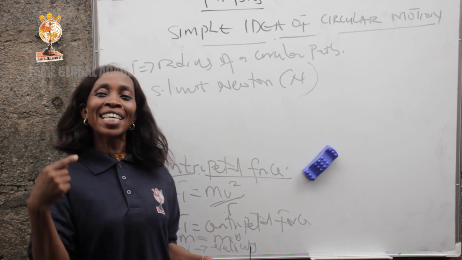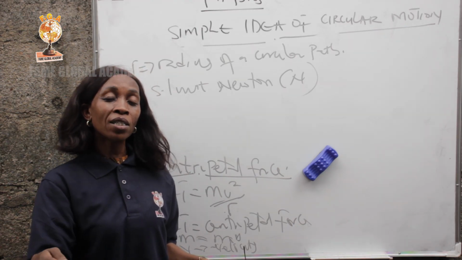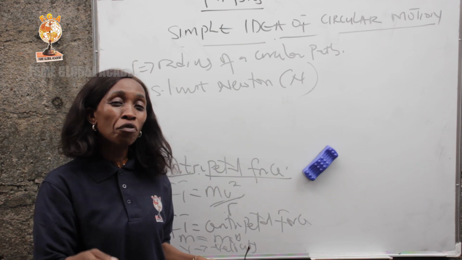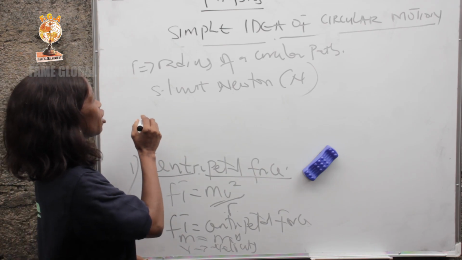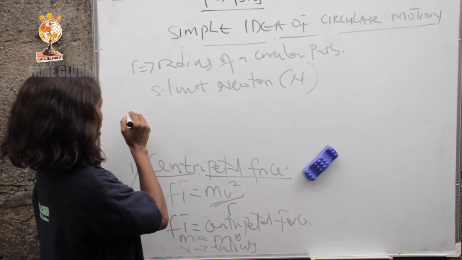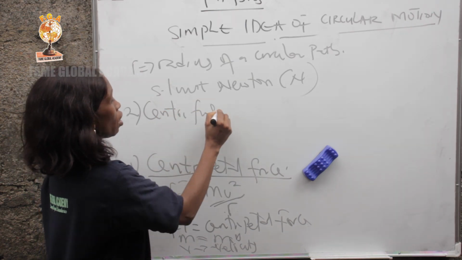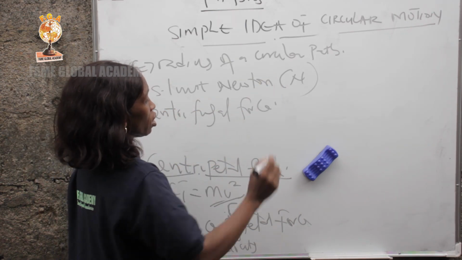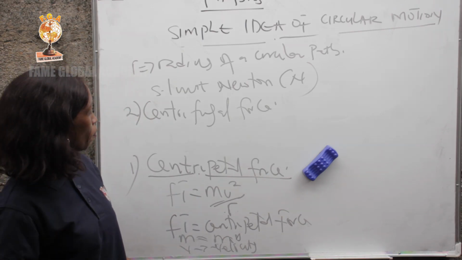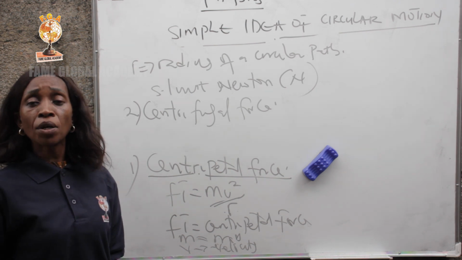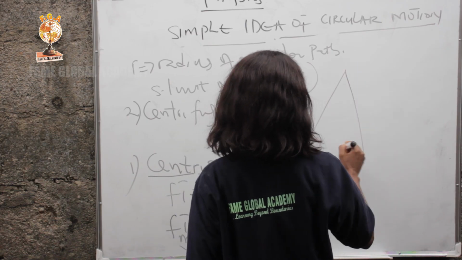But the force exerted on a body moving in a constant circular motion is what we call the centrifugal force. Centrifugal force is the force exerted on the body moving in a circular motion.